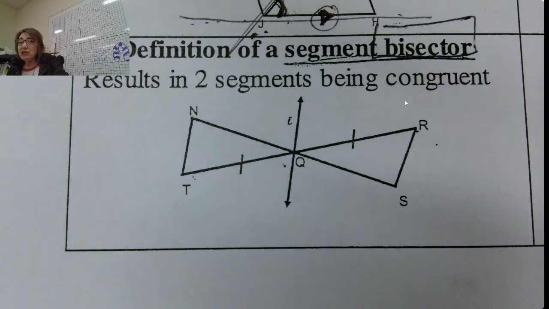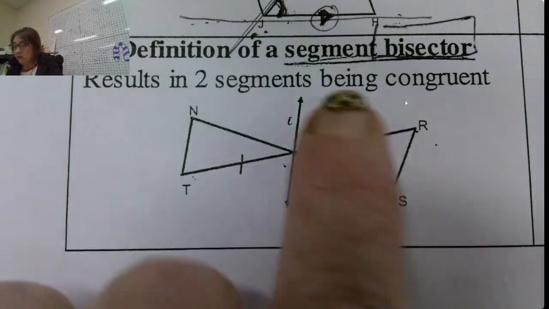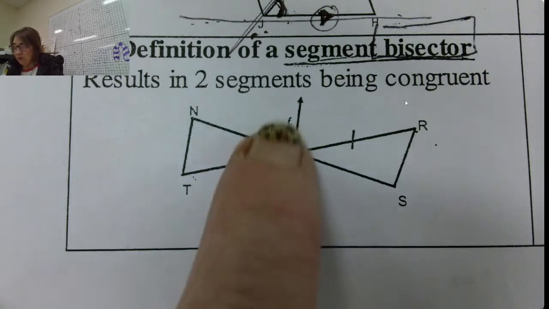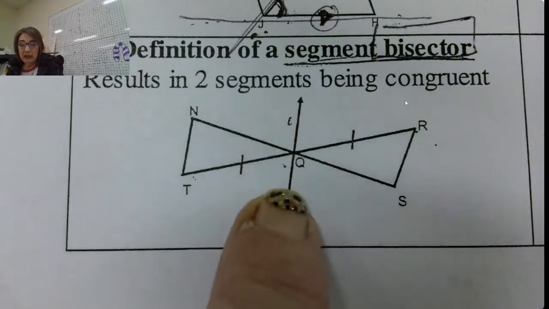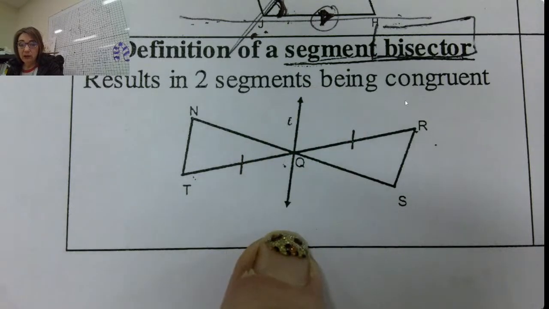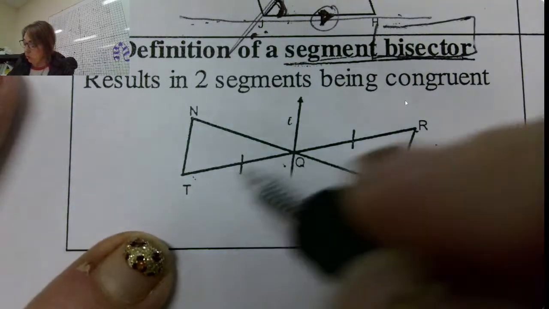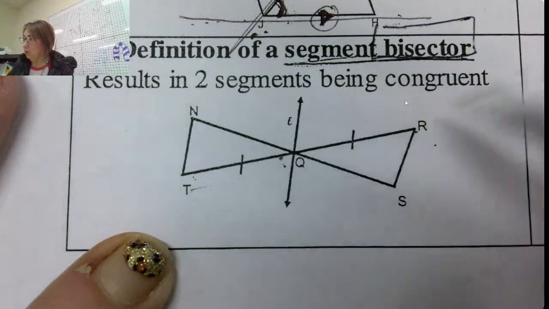Anytime you see the word bisector, that's cutting something into two equal parts. So if it's called a segment bisector, what's it cutting into two equal parts? A segment, right? So if I told you that line T right here was a segment bisector to TR, then what does that tell you about TQ and QR?